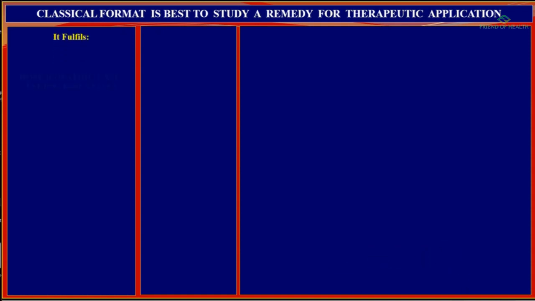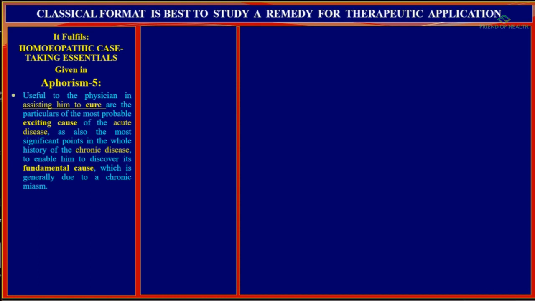So first, it fulfills the homeopathic case taking essentials, and these are given in aphorism 5. Aphorism 5 tells us: useful to the physician in assisting him to cure are the particulars of the most probable exciting cause of the acute disease, as also the most significant points in the whole history of chronic disease, to enable him to discover his fundamental cause, which is generally due to a chronic miasm.